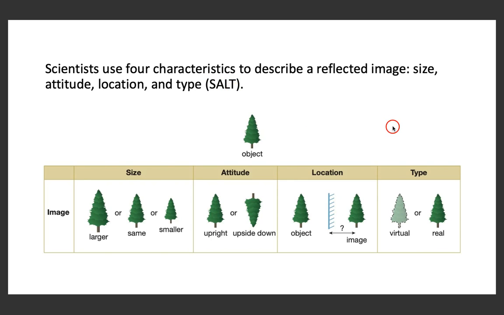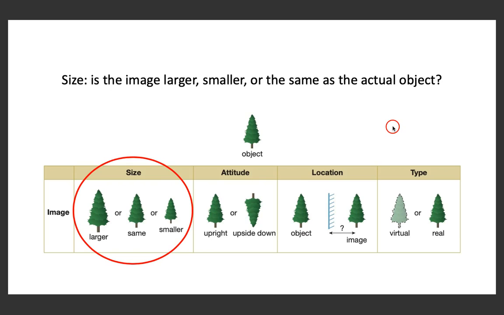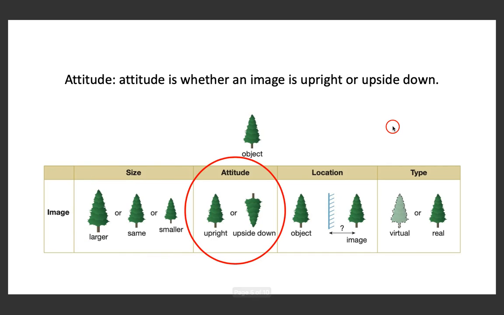We'll start out with size. The size is simply how big the image is. Is it larger, smaller, or the same as the actual object itself? The attitude is whether an image is upright or upside down.